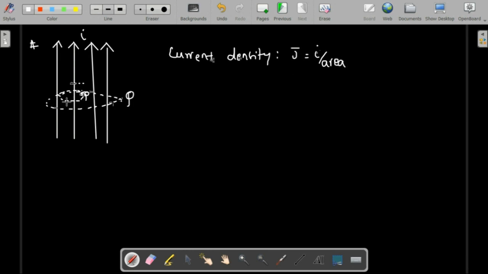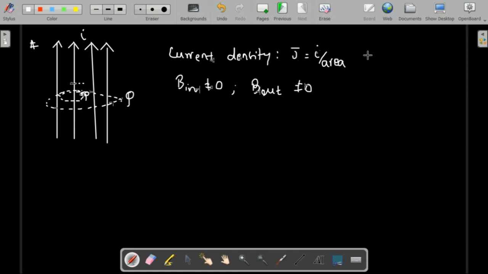So if I want to find out what is the current here, we should know the total current and divide by the area that we are actually considering for finding out the current density. Okay, so in this case, B inside is not going to be 0, because this is going to enclose some current, right? And even B outside is obviously not going to be 0.